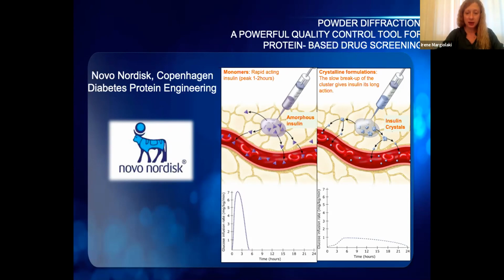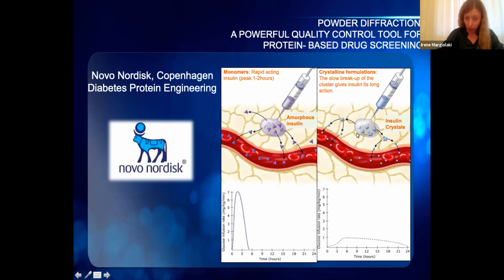The interesting thing is that drugs currently in the market sometimes are amorphous, injectable. They are monomers of insulin. The characteristic of these drugs is that they are rapid acting. The activity curve has a peak here within the first 2 hours of injecting the patient.